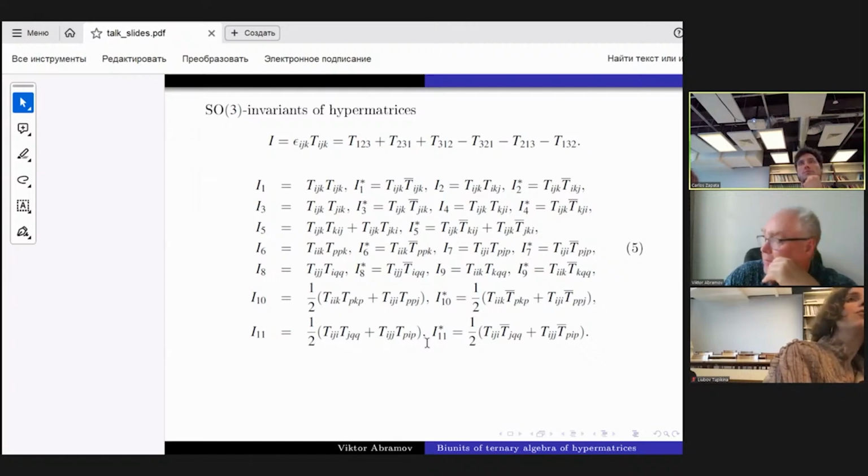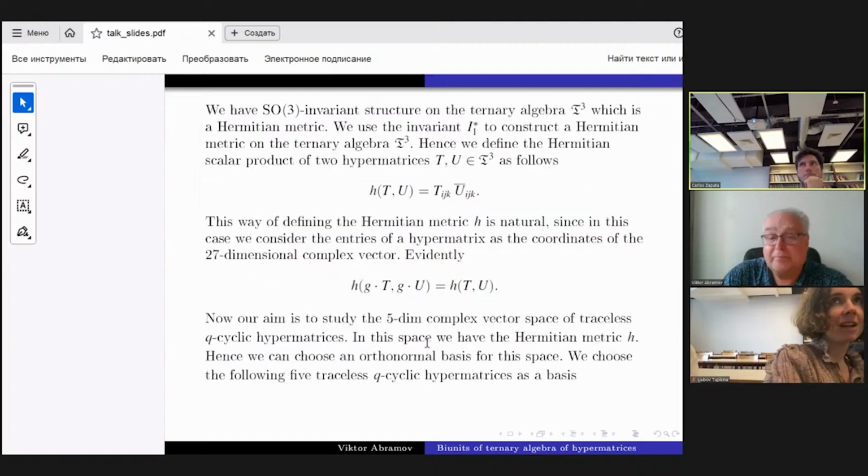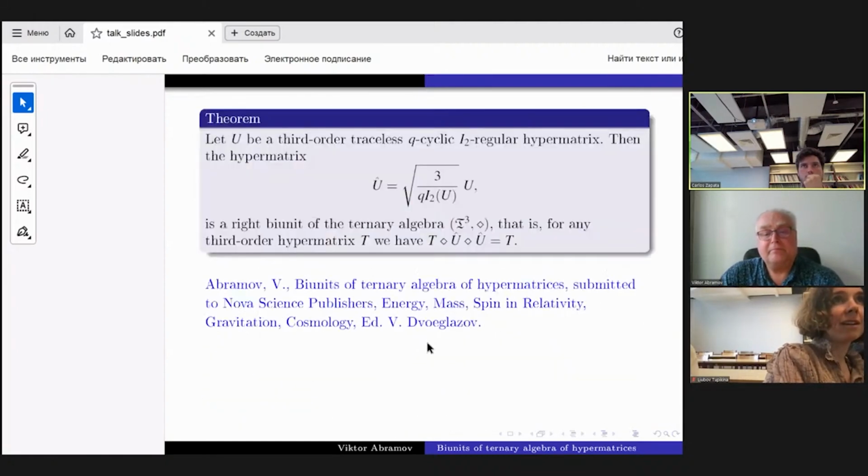Because you described this theorem, some general property of these ternary objects, but I wonder whether there are other properties of these ternary algebras that you could describe in this general form. If you go back to the slide with this theorem.